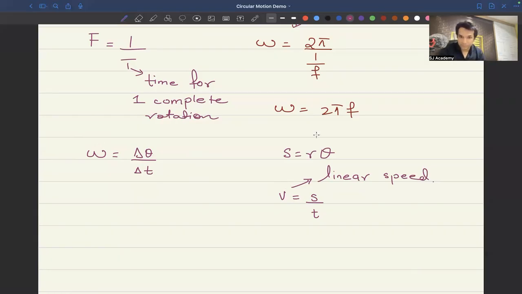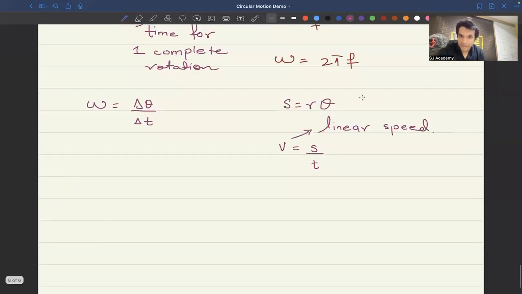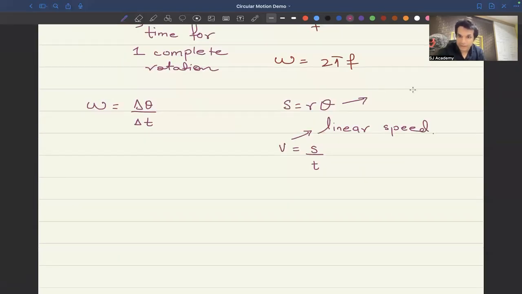Now, rearranging this, we can write theta is equals to s upon r, and velocity is s upon t. So we can also write t as s upon v. Now, this can be written as s upon r over here, and in place of t we can write s upon v.